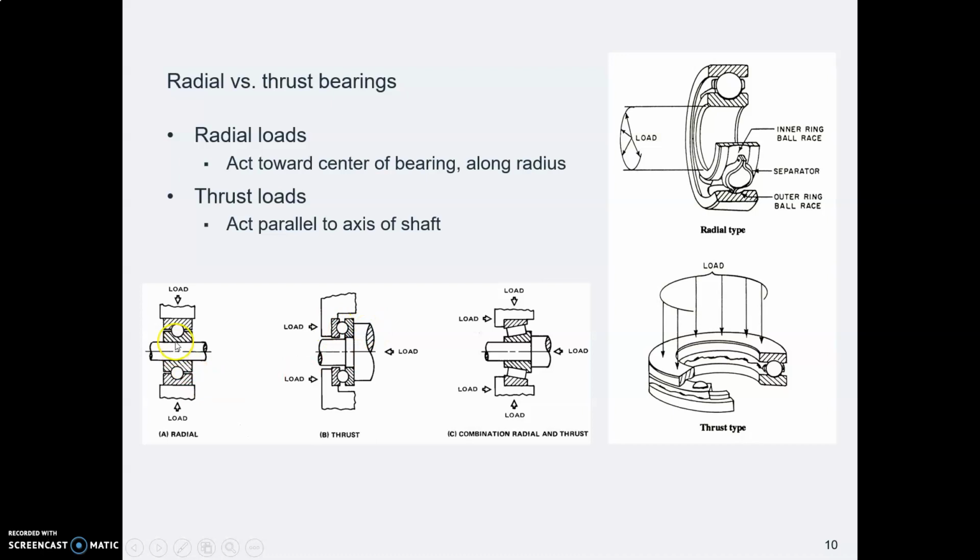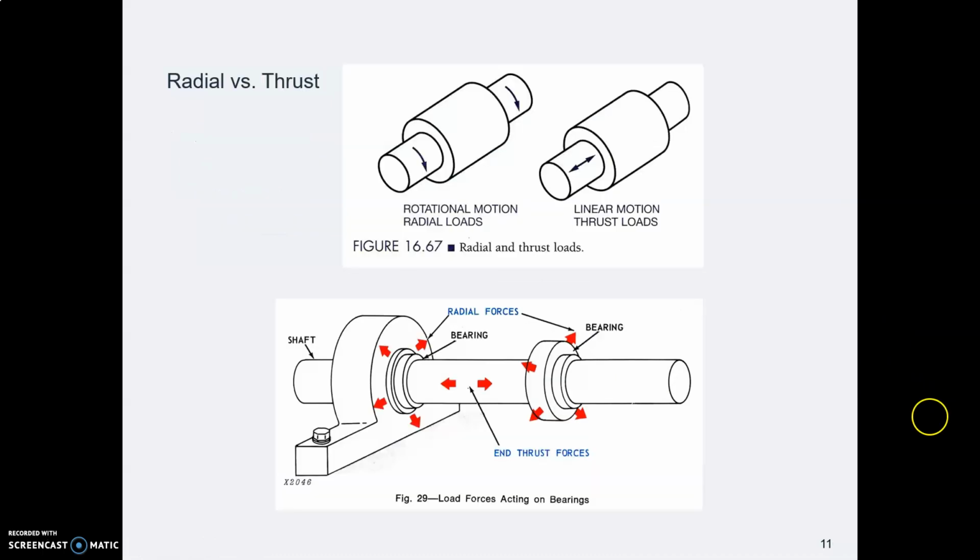And if you compare these two pictures, the lower left and the middle left, you can see the difference in the arrangement between a radial bearing and a thrust bearing. So you need to know which direction you're supporting a load before you order a bearing. Here's a diagram showing radial loads and lengthwise thrust loads.